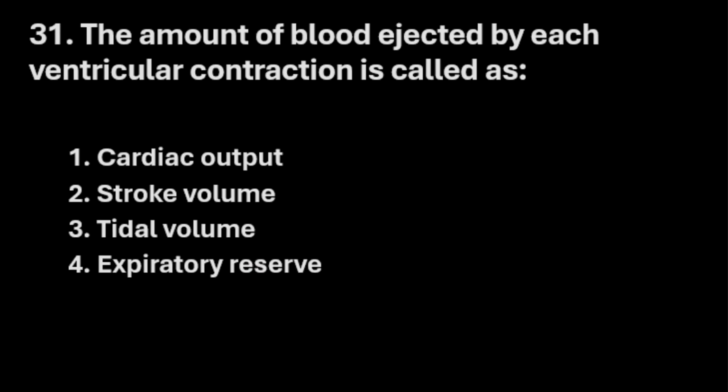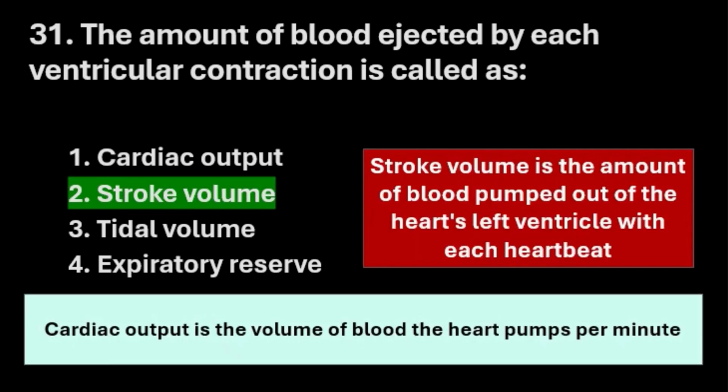Next question. The amount of blood ejected by each ventricular contraction is called option 1 cardiac output, option 2 stroke volume, option 3 tidal volume, and option 4 expiratory reserve. The right answer here is option 2 stroke volume. Stroke volume is the amount of blood pumped out of the heart's left ventricle with each heartbeat.